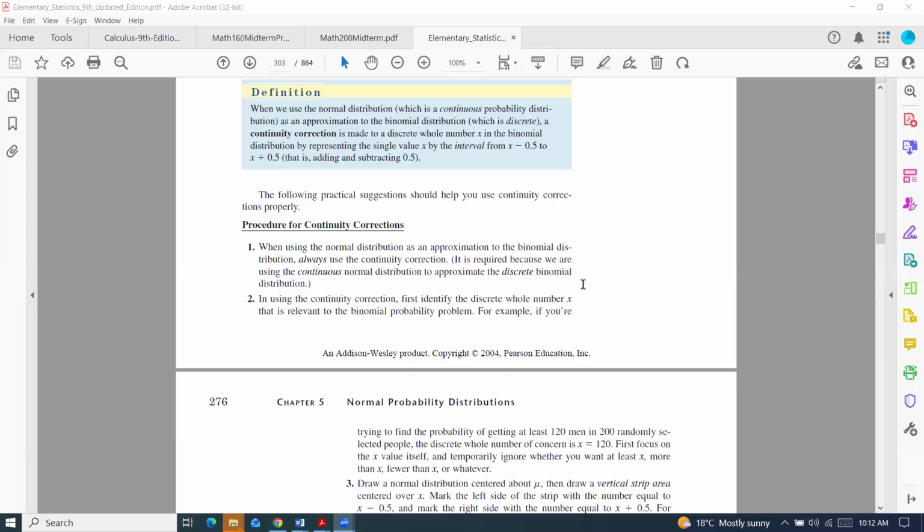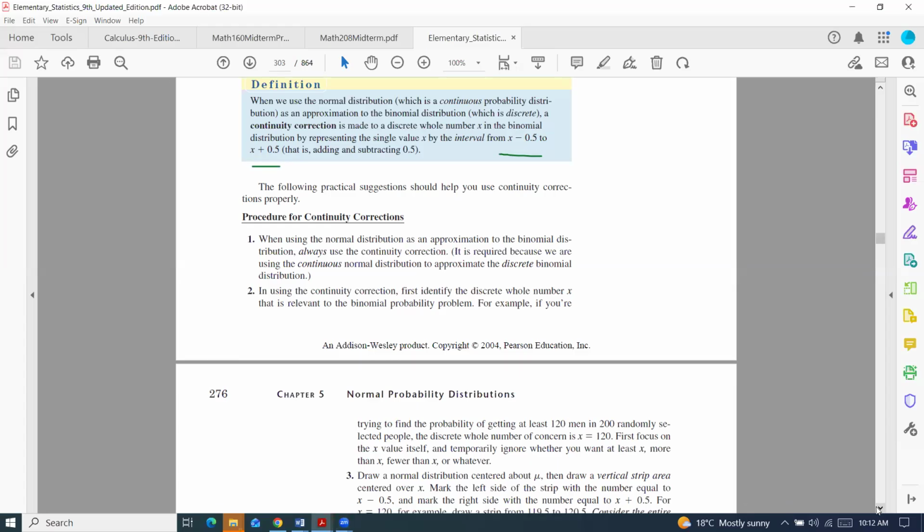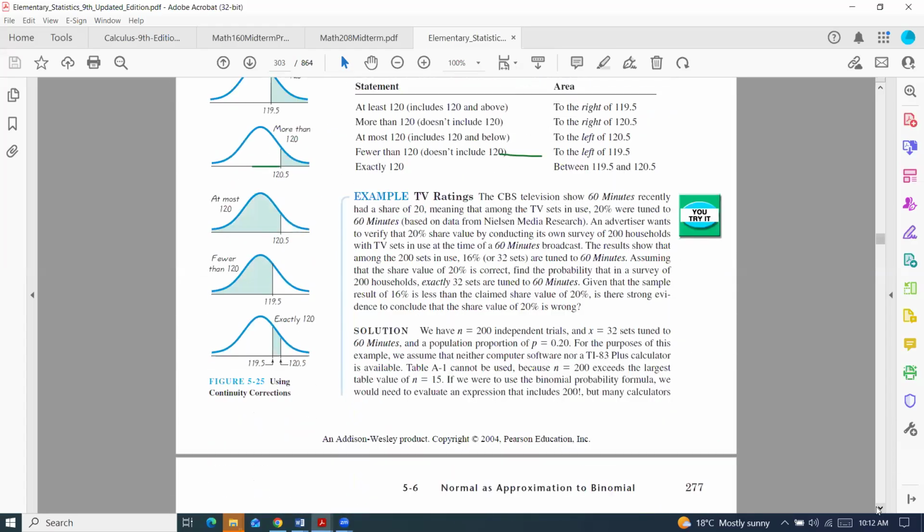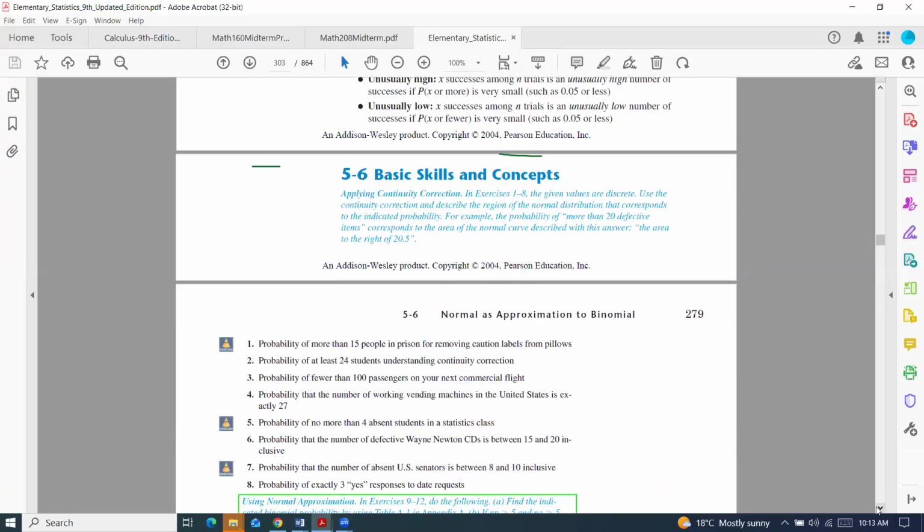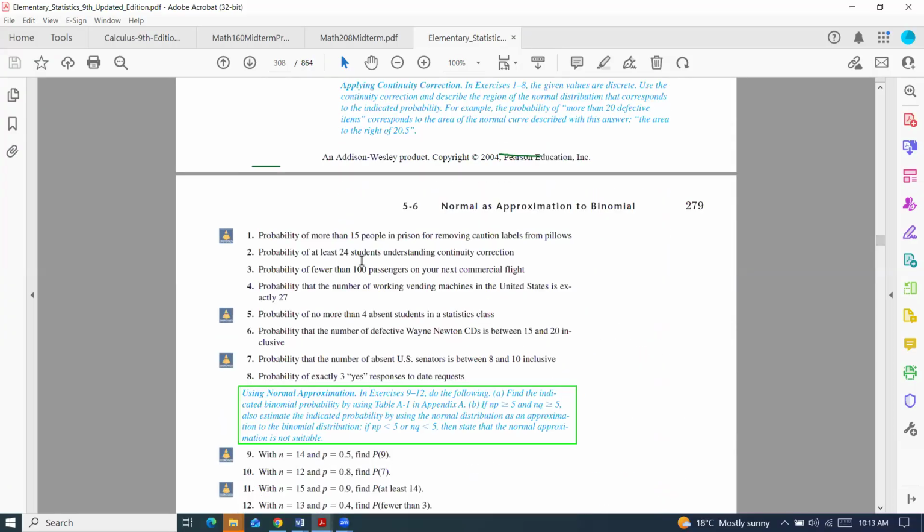I'm going to share this again. So you can see the definition that says to either subtract or add 0.5. It depends on the question. My question I just did was asking for strictly greater than 15, more, okay? So I say it's more than 15.5.